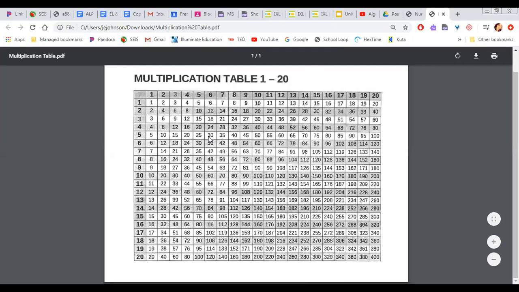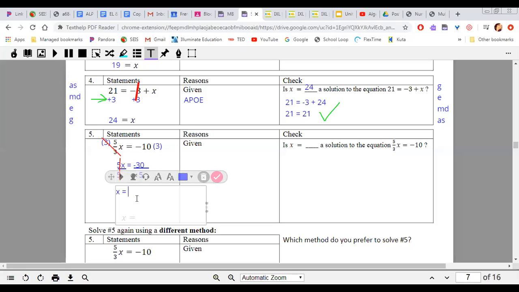So 5 goes into 30, 6 times, and then a negative and positive is? Negative. Yes, still negative. Cool. Okay, so I've simplified it as far as it can go. I'm down to one number.